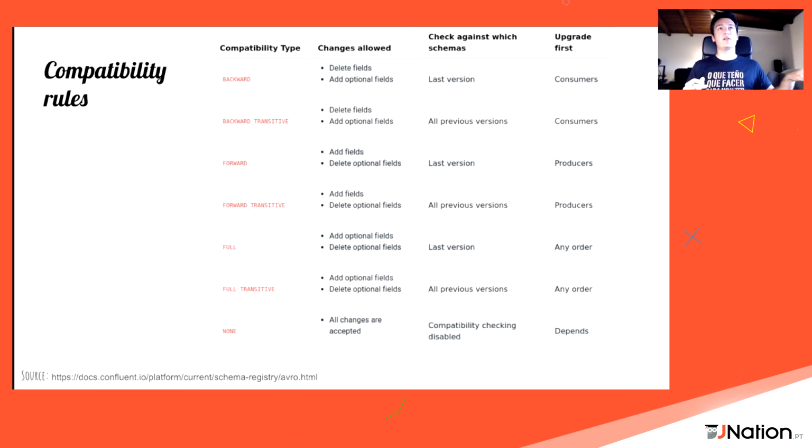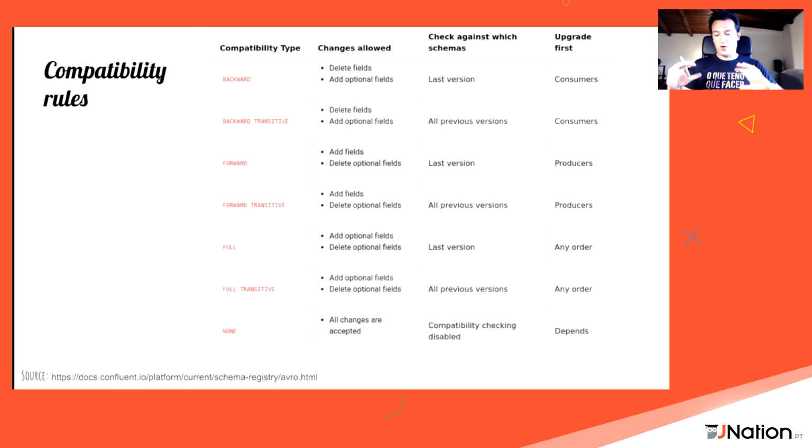If someone needs to introduce a breaking change, what they have to do is create a new topic and inform the consumers to go to that topic and make the changes they need to avoid problems, okay? But in general, the schema registry is able to enforce that, and that's a good thing.